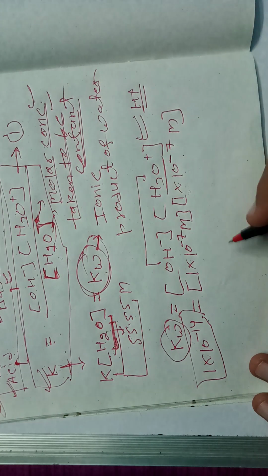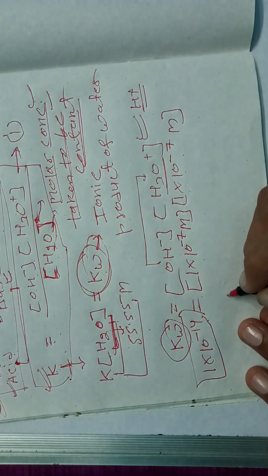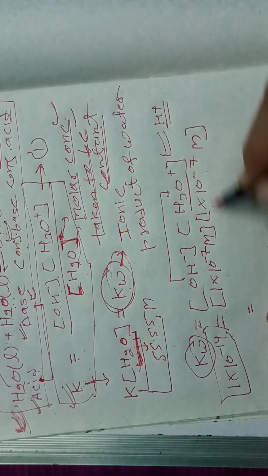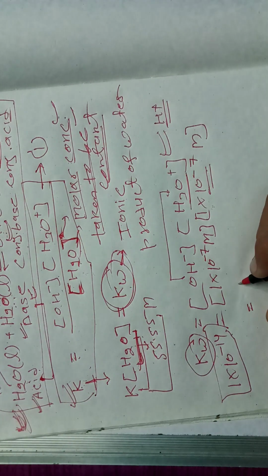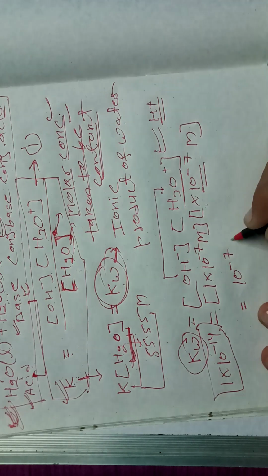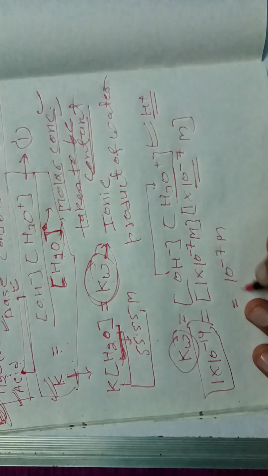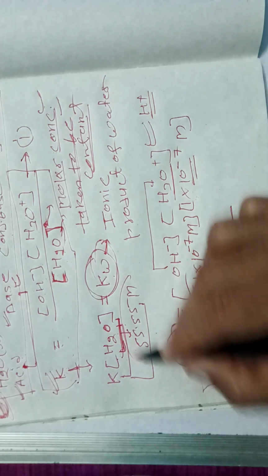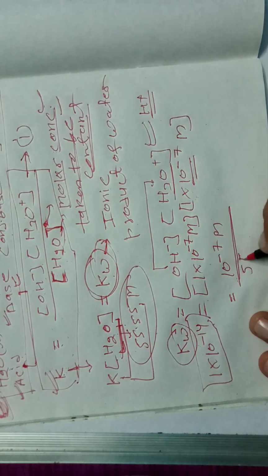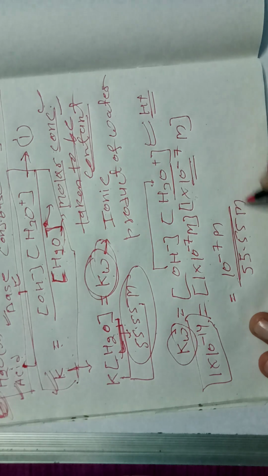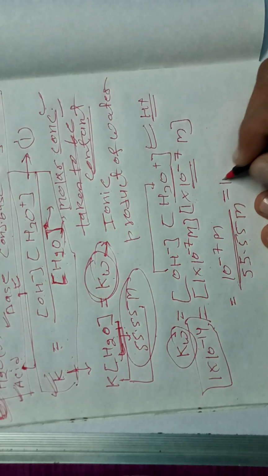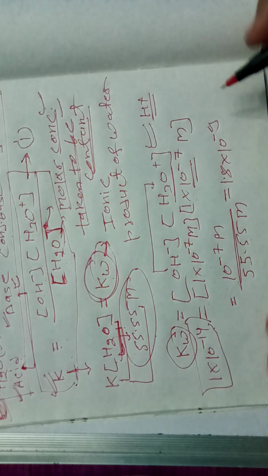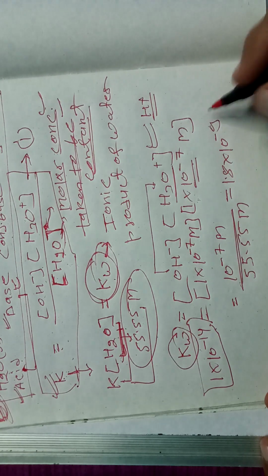Now if we consider the ratio of dissociated water, 10 to power minus 7 M, to undissociated water, that is 55.55 M, its value comes to be 1.8 into 10 to power minus 9, or approximately 2 into 10 to power minus 9.